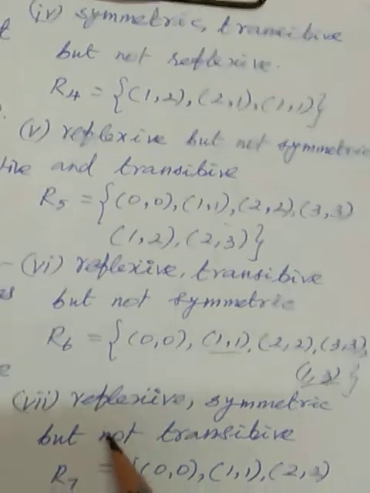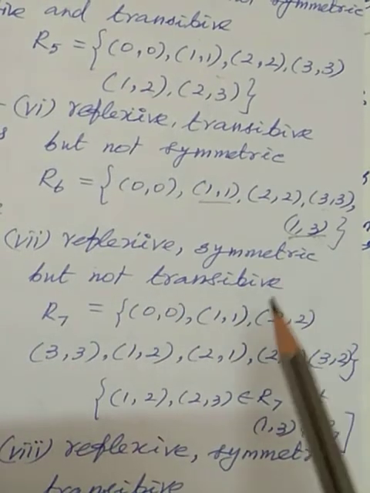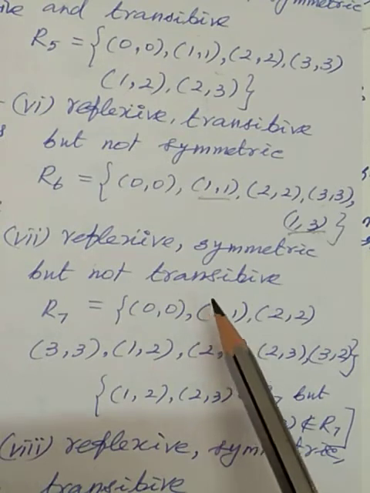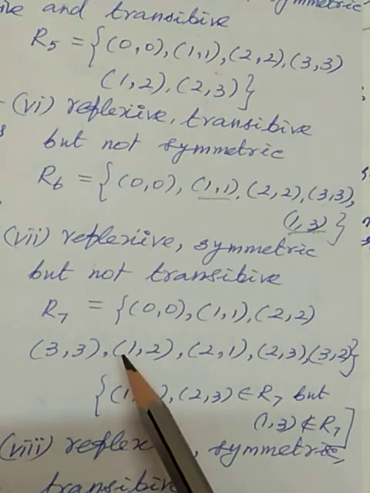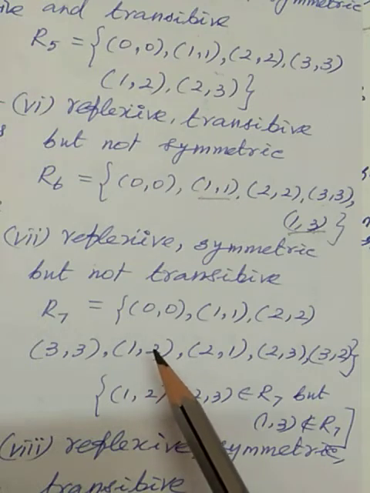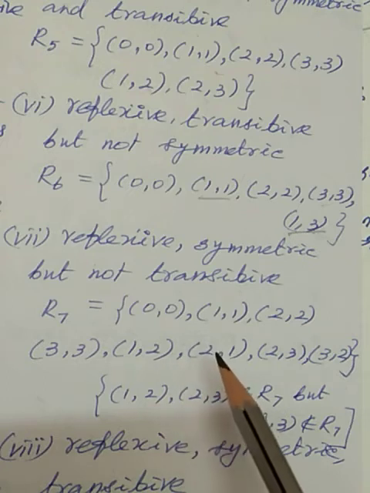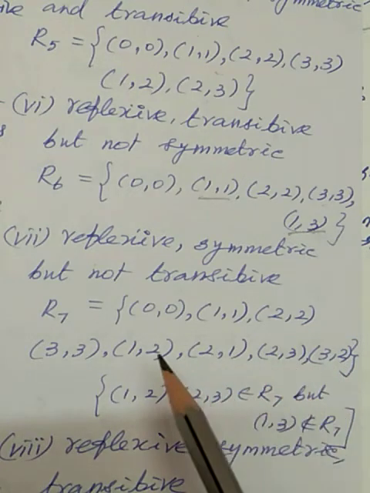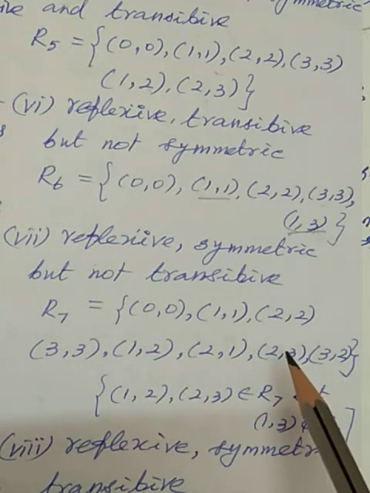You see the seventh subdivision, reflexive, symmetric but not transitive. Reflexive means all the elements (0,0), (1,1), (2,2), (3,3). Okay. The next one, you have to verify whether it is symmetric. (1,2), (2,1). Okay. (2,3), (3,2). So it is reflexive.